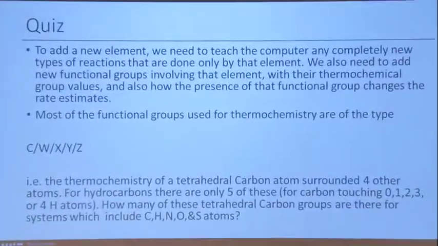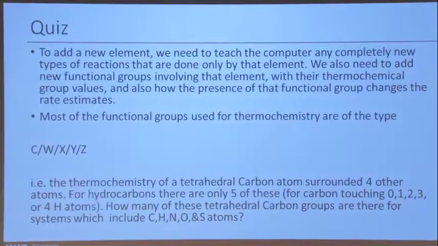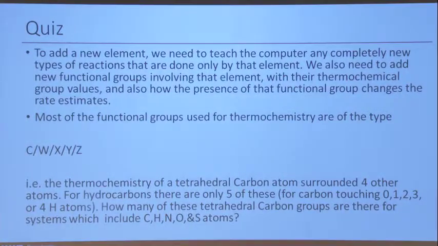How many different ways are there? Anybody have an idea?